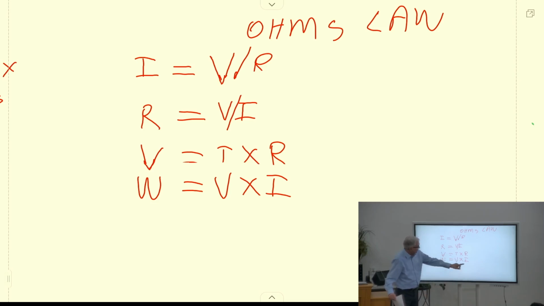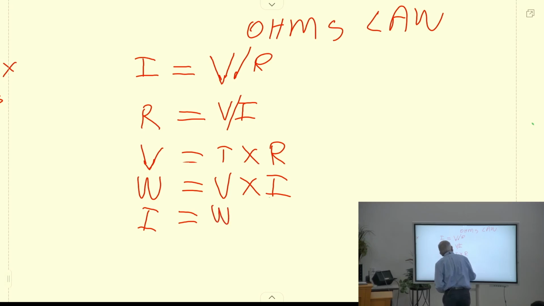So if you increase the current, you increase the wattage. If you increase the voltage, you increase the wattage. Okay? Okay. So there we go. You could derive one other little formula from this relationship right here. You could come up with what? Current equals the wattage divided by the voltage.